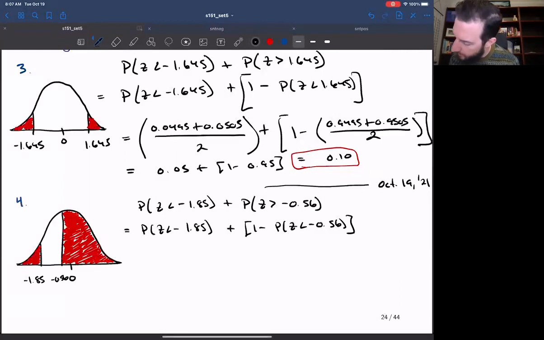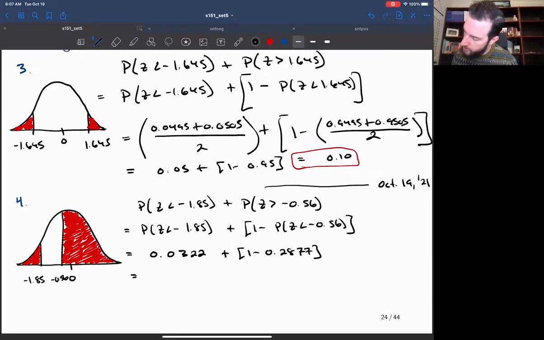Okay, so we have 0.0322 plus 1 minus 0.2877, which is 0.0322 plus 0.7123, which is 0.7445.